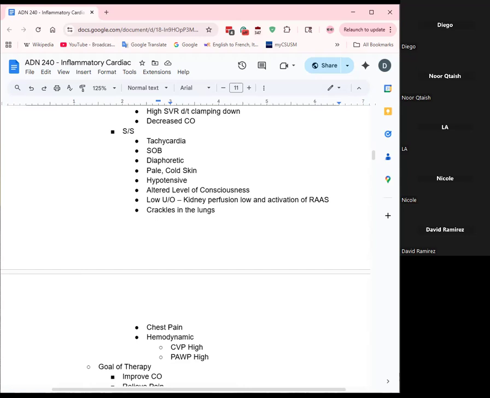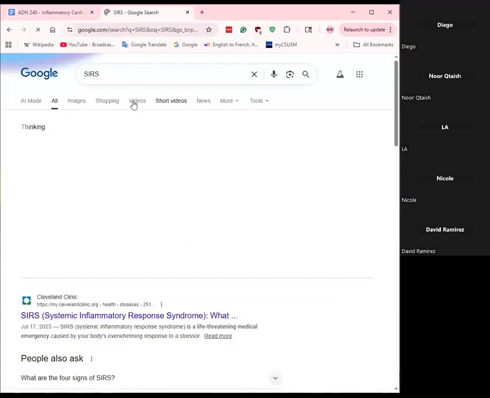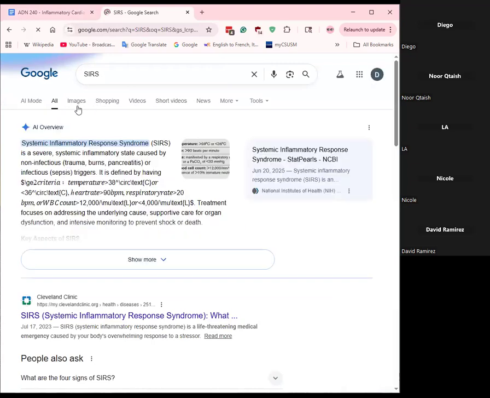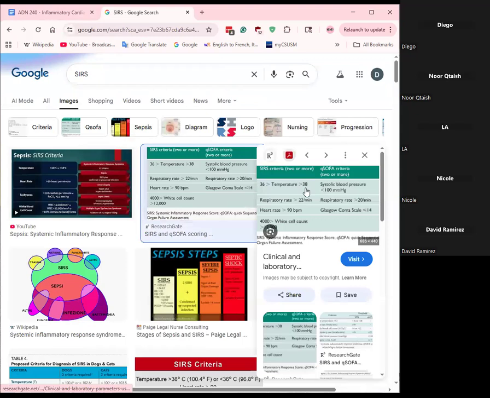One of your criteria for SIRS, which is a systemic inflammatory response, is going to be a high or low white blood cell count. A lot of places will automatically have a sepsis bundle, at least at certain hospitals, with check boxes if it applies.